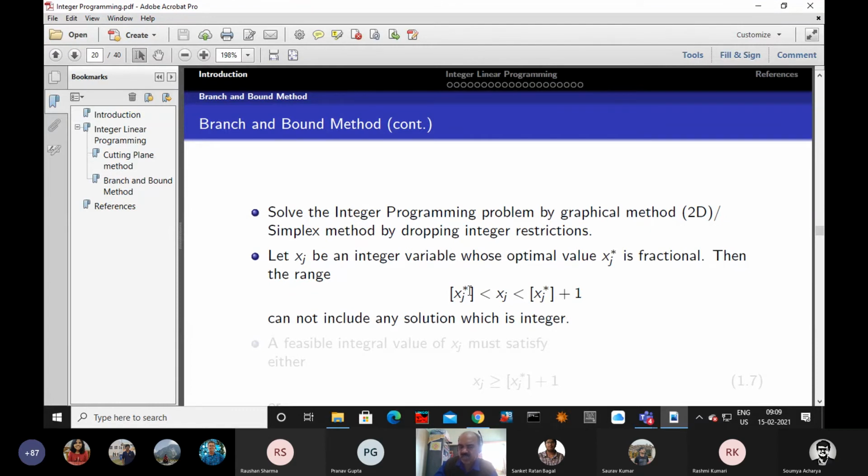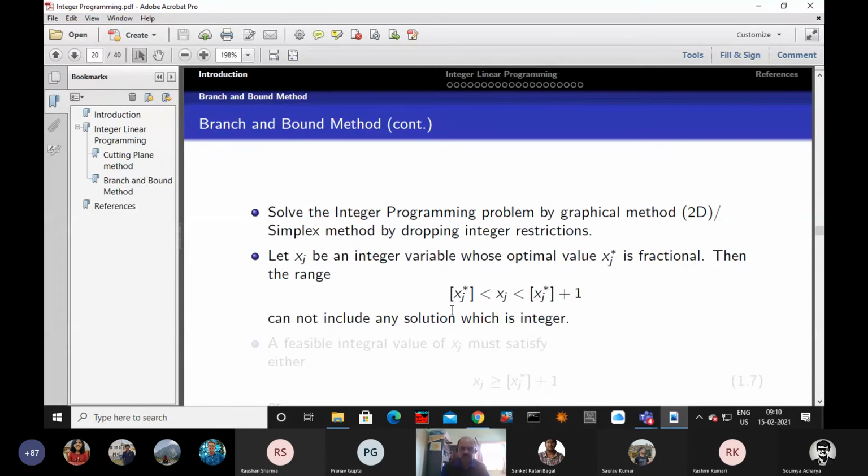For 5/3, the integral part is 1, so 1 plus 1 is 2. So xj is less than 2 and xj is greater than 1.